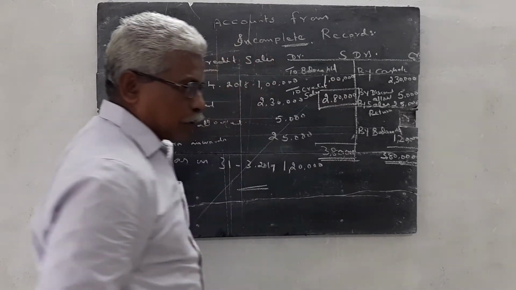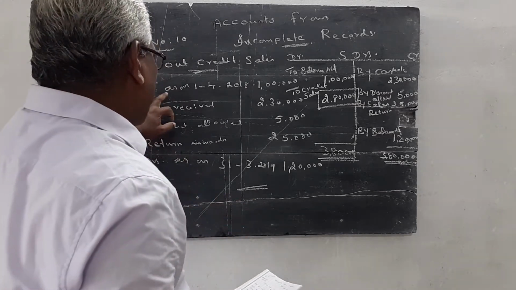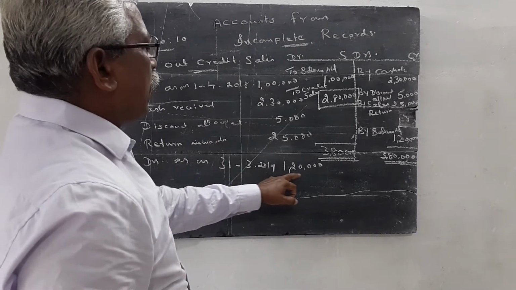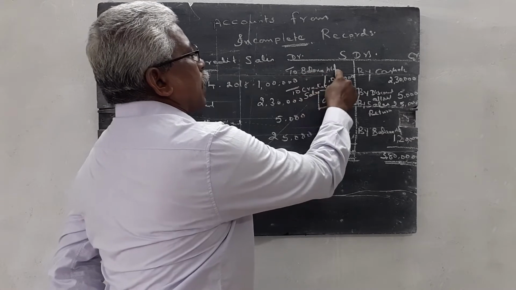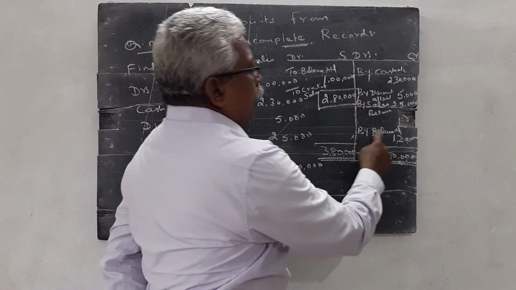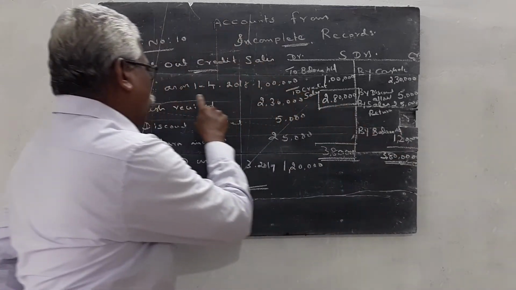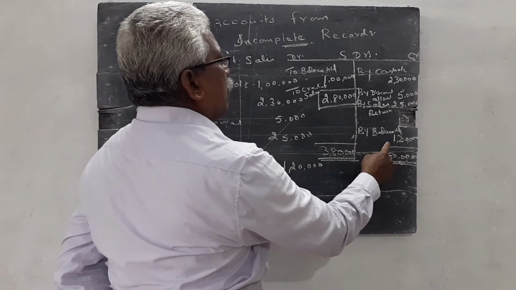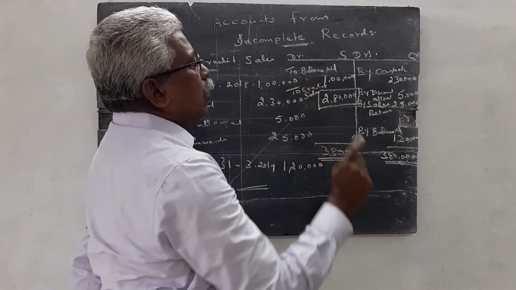Once again, I want to explain this very simple problem. Opening debtors value 1 lakh, closing debtors value 1,20,000. So the opening debtors value is entered as to balance brought down 1 lakh. By balance carried down 1,20,000 is the closing balance. First we write the opening balance in the debit side, closing balance in the credit side. Then in the debit side only credit sales alone is entered.